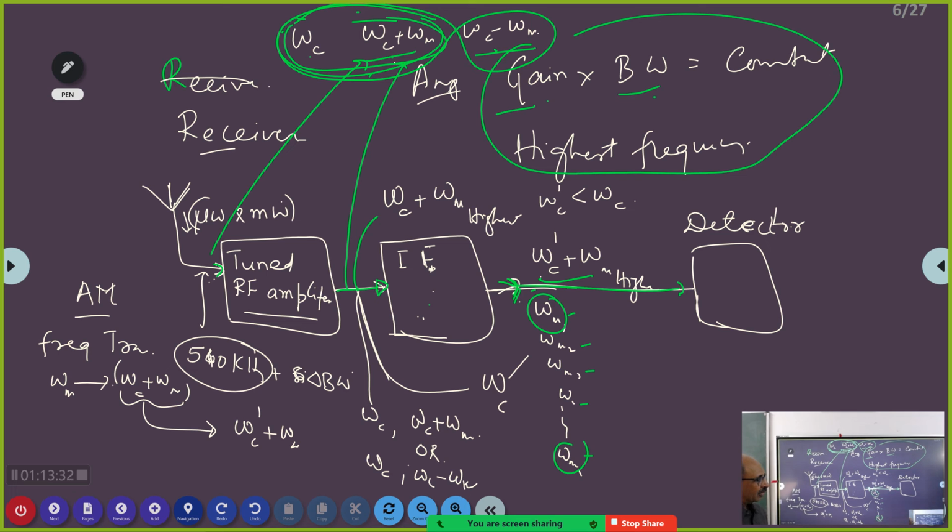How will the selection of omega c plus omega m or omega c minus omega m happen? Band pass filter लगा लो. Low pass filter high pass filter हो जाता है. High pass filter लगाए तो you will get omega c plus omega m. Low pass filter लगाए तो omega c minus omega m.